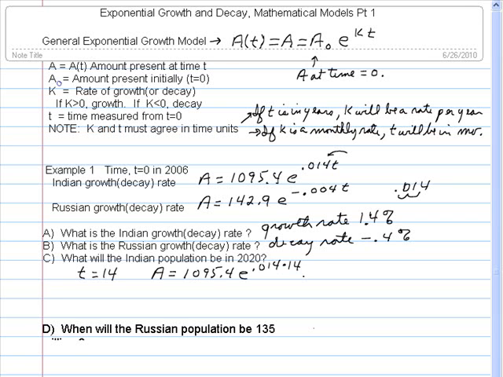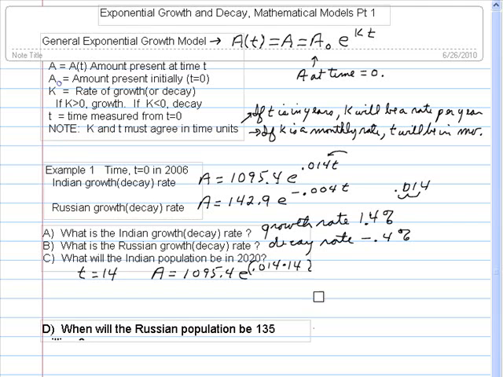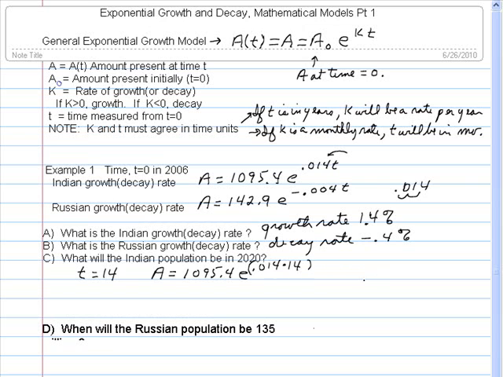Now you'll probably want to put that in a calculator. Hopefully you're using a graphing calculator. If you put that in a graphing calculator, you've got to remember to put a bracket around that exponent because there's more than one number in that exponent. Anytime an exponent has more than one number, be sure you bracket it. And you get 1095.4 e to the power open 0.014 times 14 close.